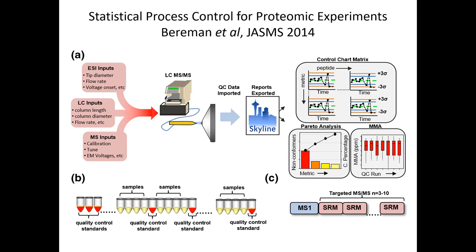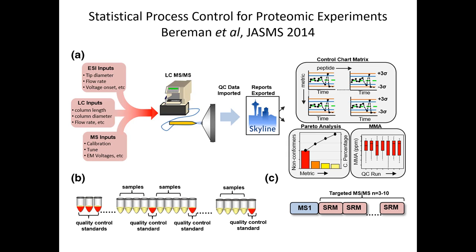I like flow charts. So this was the first paper that came out from Berriman's group on S-Procop, where it kind of walks you through all the inputs in the process using Skyline to evaluate your hardware, and then the output plots that it provides.